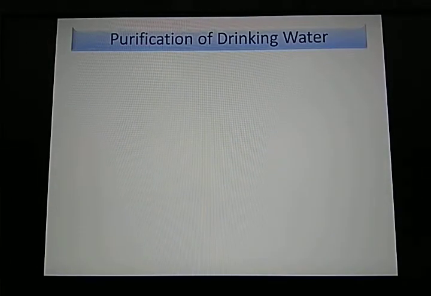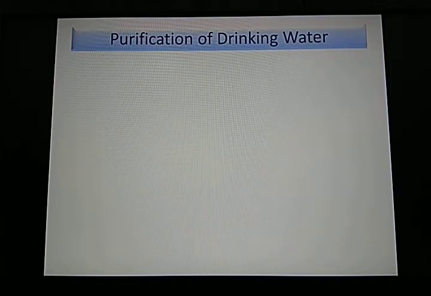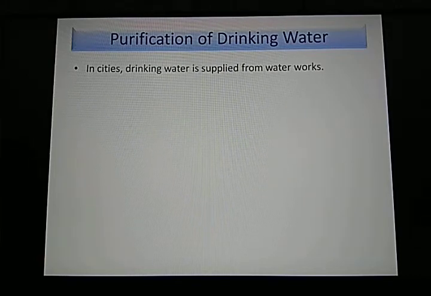Now moving on to the next topic, purification of drinking water. To purify drinking water, there are a lot of processes through which we can separate out impurities. So let us see those processes. Now we know that in cities, drinking water is supplied from waterworks.